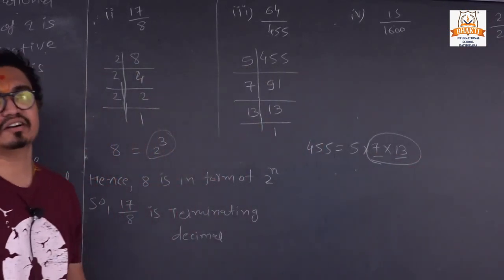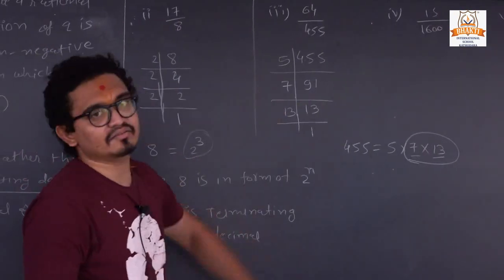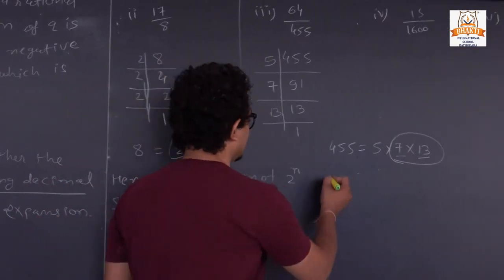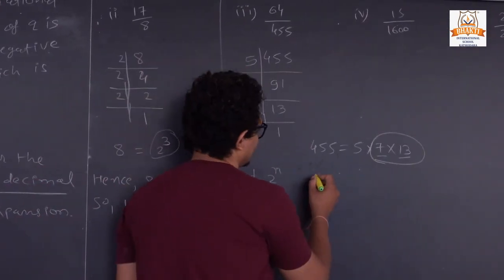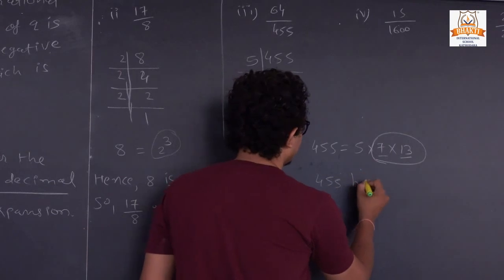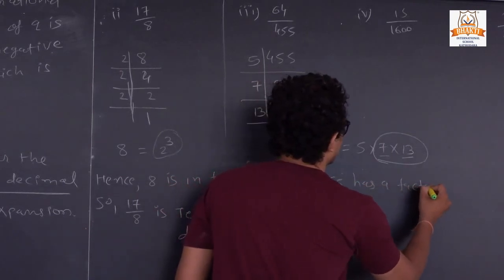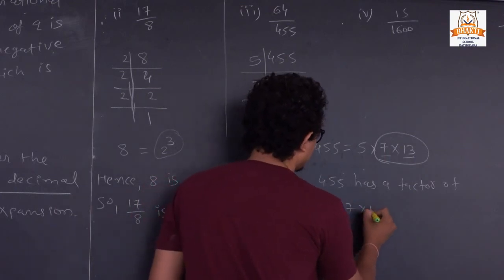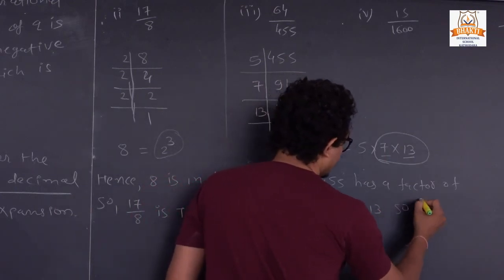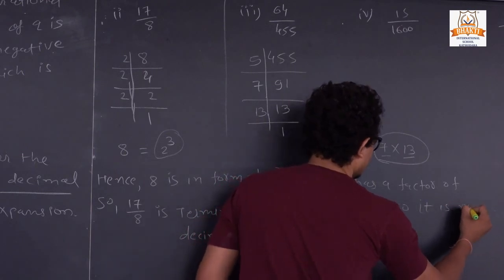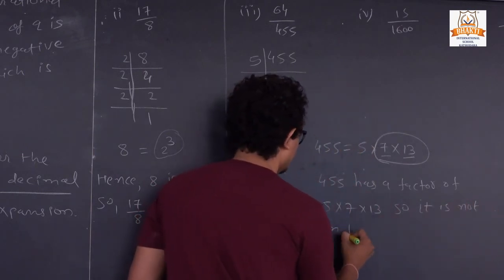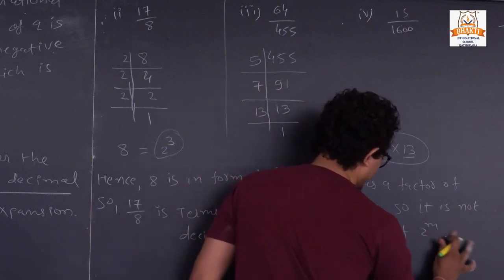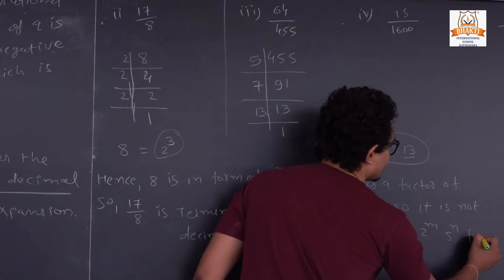So we cannot convert that number into a terminating form. So we can conclude that 455 has factors 5 into 7 into 13, so it is not in the form of 2 raised to m into 5 raised to n.